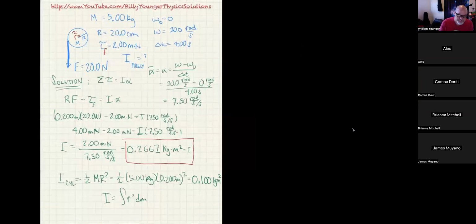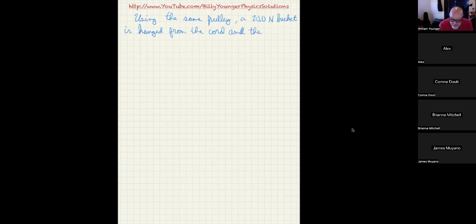Okay. So let's look at another problem. Using the same pulley, a 20.0 newton bucket is hung from the cord, and the friction is unchanged.